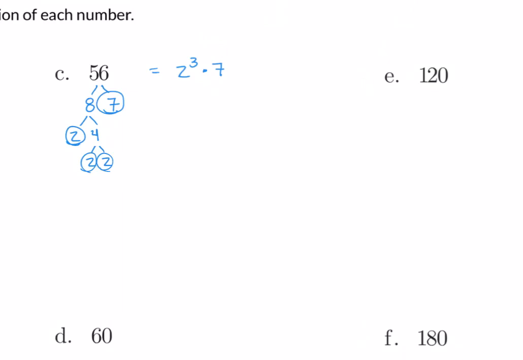Now if you notice on this one, we have our factors kind of going all over the place. And so that's one of the reasons that I always like starting with the smallest number that goes into 56. For this one, it's going to be 2. 2 goes into 56 28 times. 28, this is 2 times 14. 14 is 2 times 7.